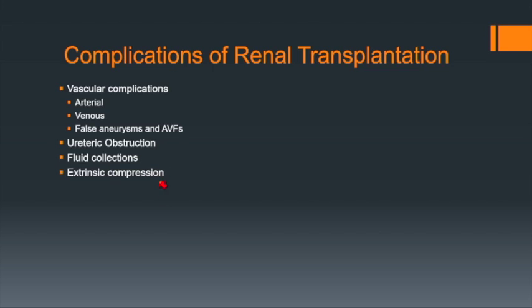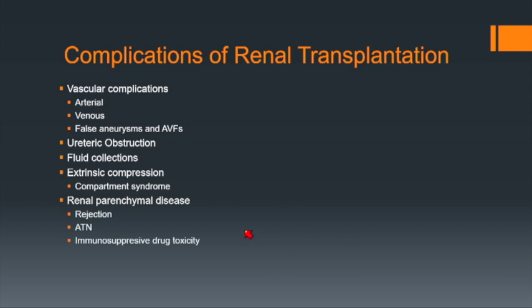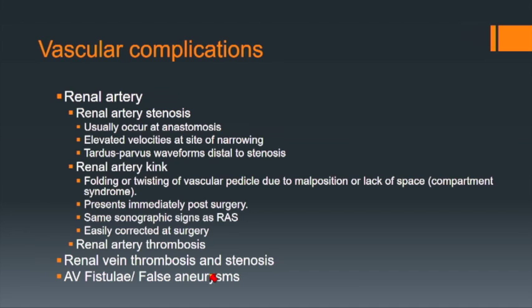So extrinsic compression can lead to arterial and venous obstruction. There's an entity known as compartment syndrome, which I'm going to talk about a little bit. And then there's renal parenchymal disease, which is a catch-all phrase for rejection and acute tubular necrosis and immunosuppressive drug toxicity. And then finally, we'll talk briefly about transplant-related malignancy.